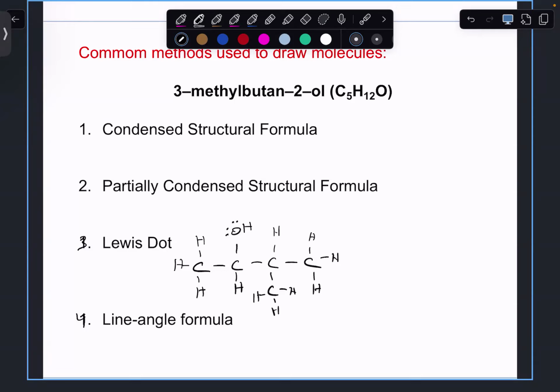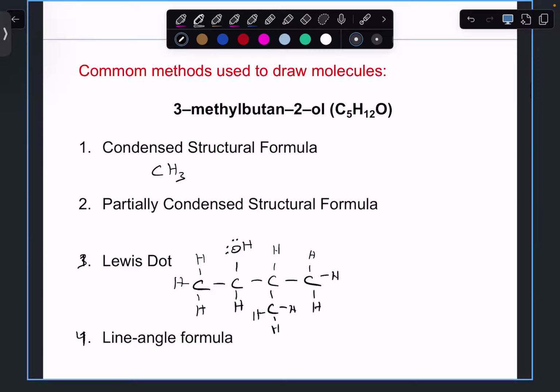What we're going to do is try to find some sort of shorthand way of doing this. And you can do a condensed structural formula. That's what we were working with in the previous problems. So that would be the condensed structure.